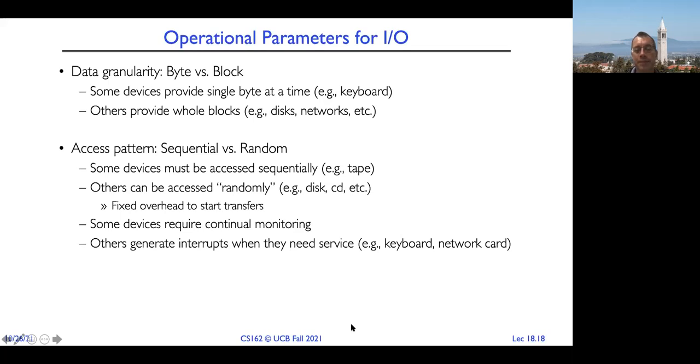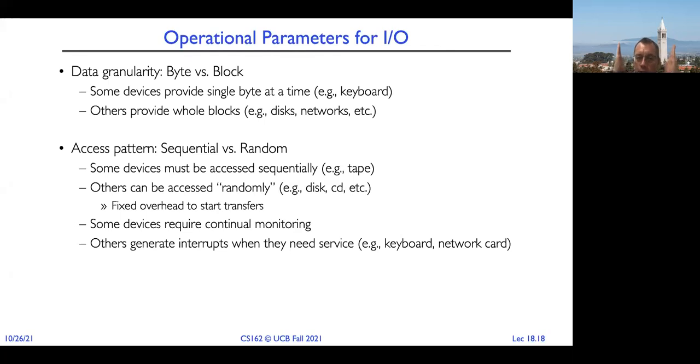Yes, Michael, it's good. We'll learn that the random may involve some non-trivial overhead to locate that random piece of information, like we'll see with the disks. Therefore, if I am going to store the bytes and I can read or write them sequentially, it's going to be much, much faster.